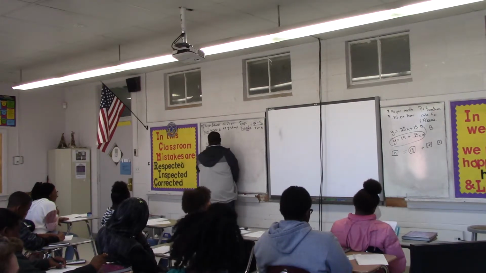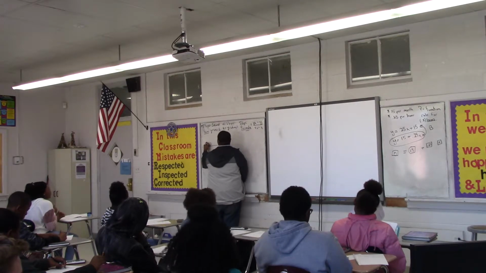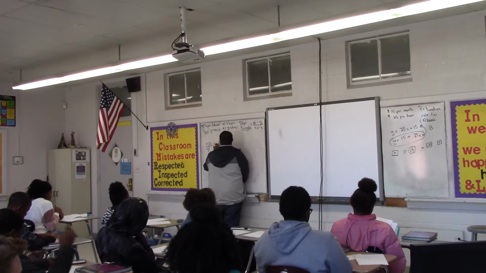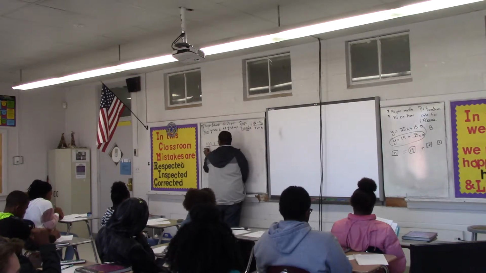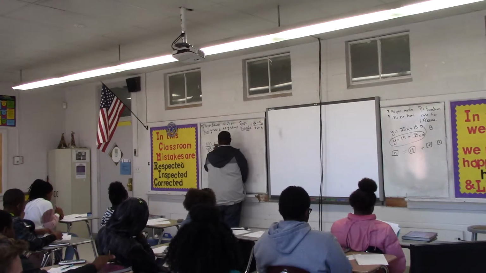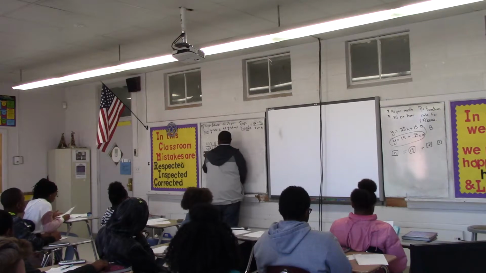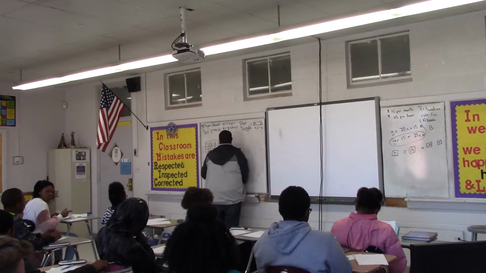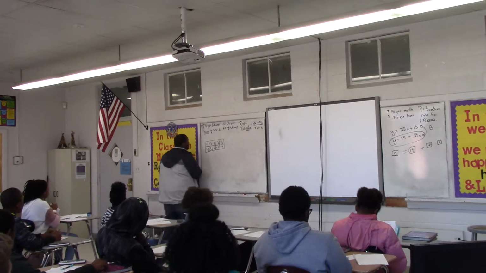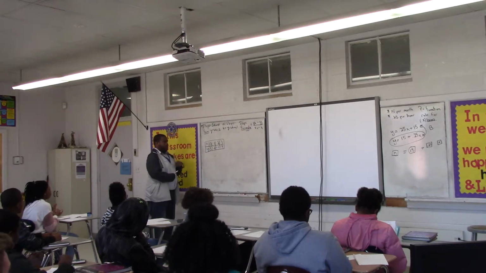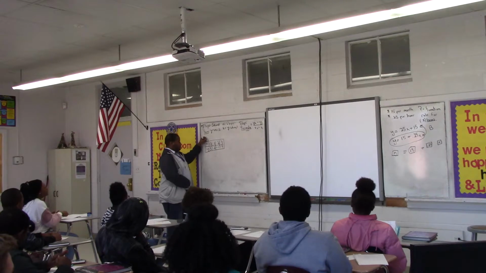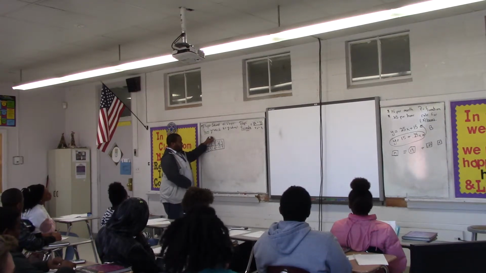Alright, so what's my first row? 0, 1, 2, 3. And what's my bottom row? 5, 2, -1, -4. Alright. So, remember from some time ago, we would look at the value change.